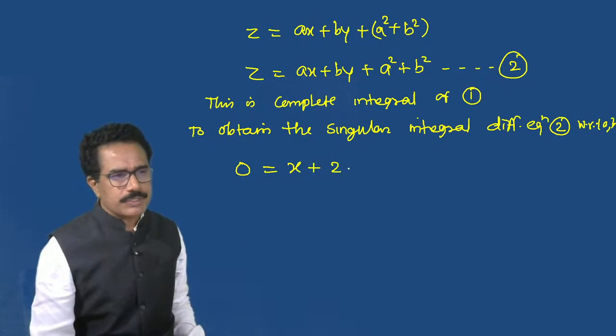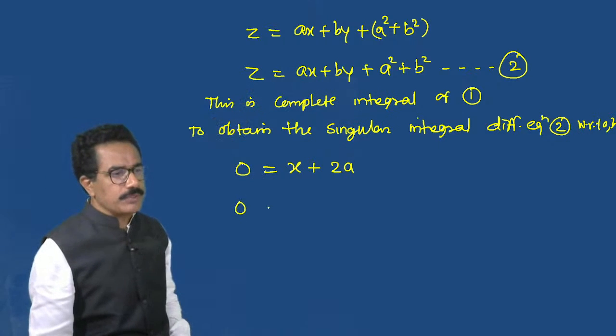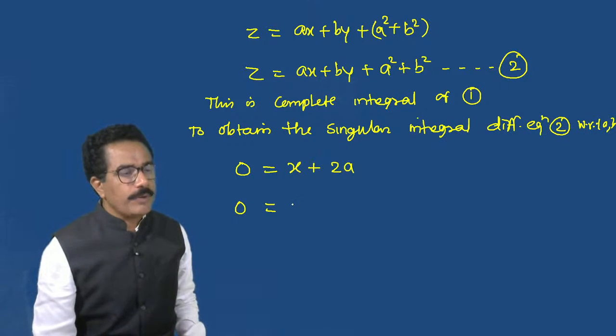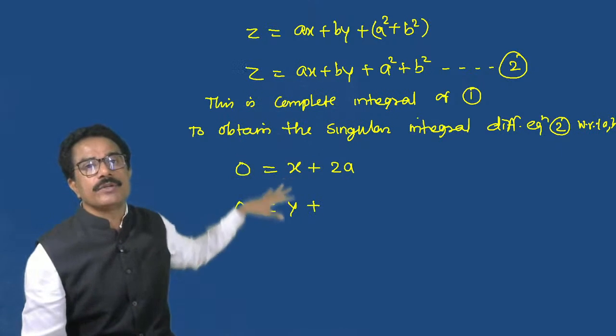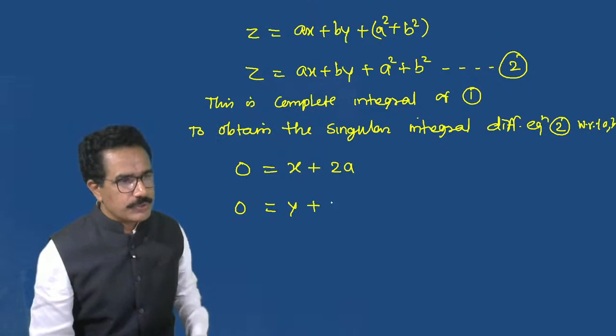0 plus 2A. And differentiating with respect to B, 0 is equal to y plus 2B, since there is no such term on the left side. The derivative of z with respect to A is 0, and with respect to B is 0.